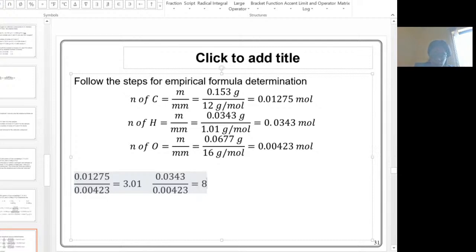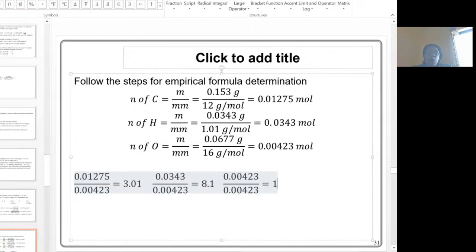We're getting 8.1. Then we go to the last one, for oxygen. The last one will basically give us 1: 0.00423 over the same 0.00423. Okay, that will give us 1.